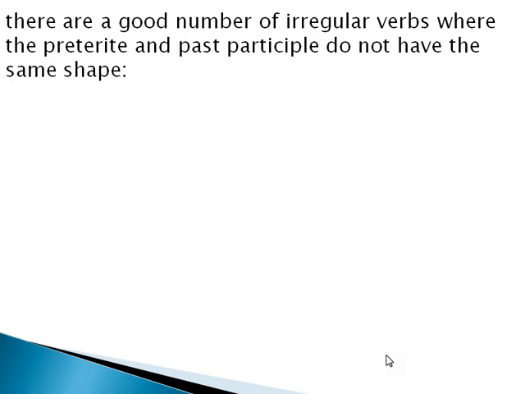Drink, drank, drunk. Okay, so, or eat, ate, eaten. Okay, they don't match. All regular verbs will match, but some irregular verbs don't. So it is a proof, it is evidence that we are talking about different forms. Okay?